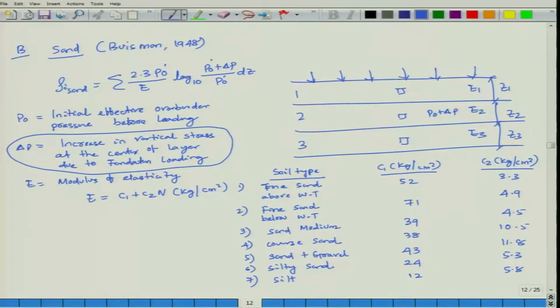P0 prime or P0 is your initial effective overburden pressure before loading. Delta P is your increase in vertical stress at the center of layer due to foundation loading, E is your modulus of elasticity and he has given E is equal to C1 plus C2N. For different soil types C1 and C2 has been given, you can pick it based on the soil type. Based on your SPT N value and C1, C2, you can calculate for sand what is the value of your E.